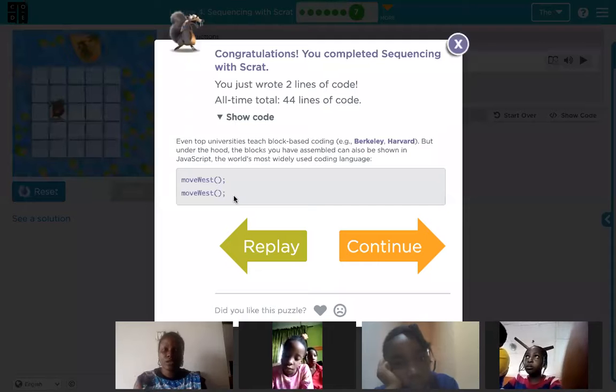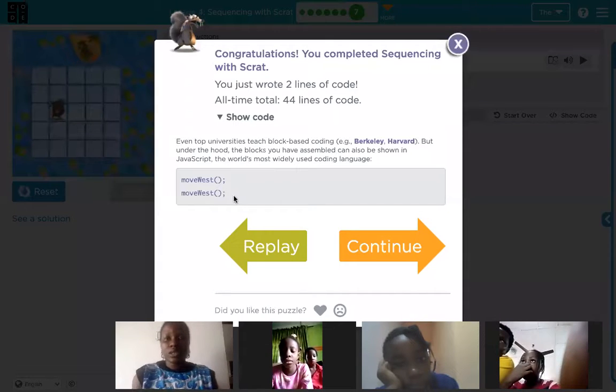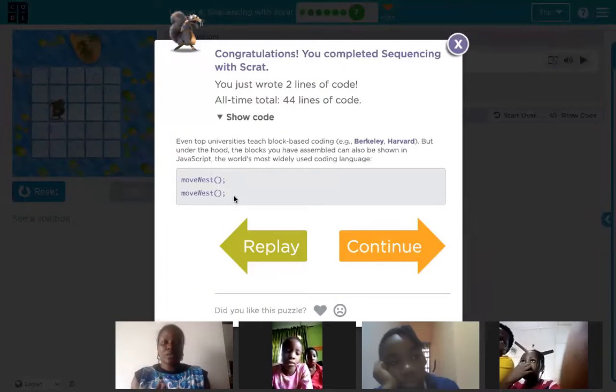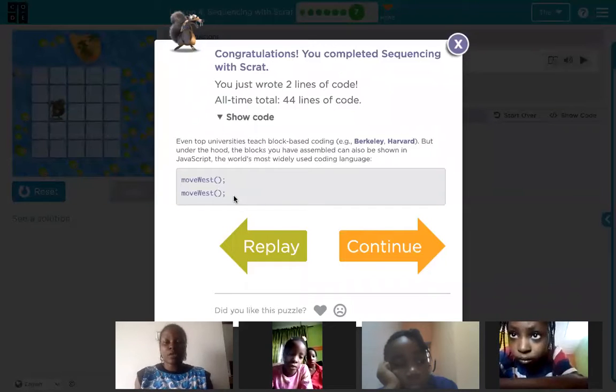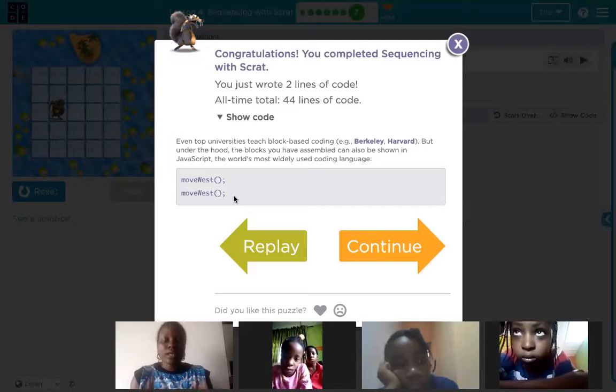As we keep saying, our computers do not understand the English we're speaking, right? But there are programming languages that your computer understands. That is where coding comes in.